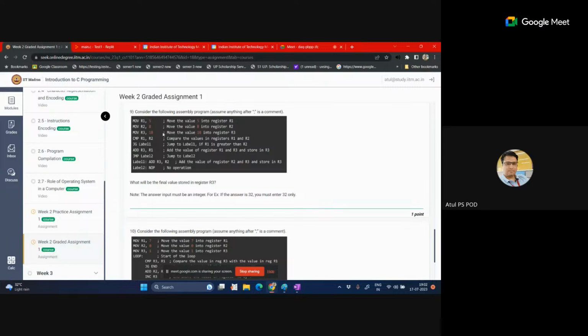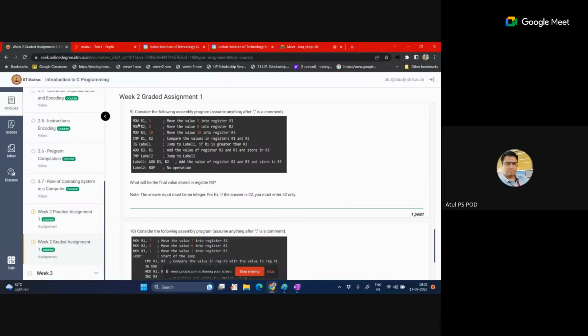So here some steps are given. Assembly language steps are given, but comments are also mentioned. If you ignore the assembly language syntax, like MOV R1 5, still you can do this problem by reading the comments. Just read the comments, apply a dry run, and check what value you get in register 3 finally.